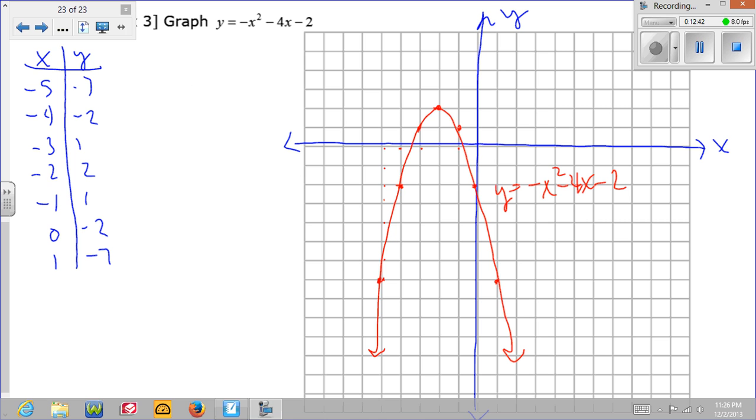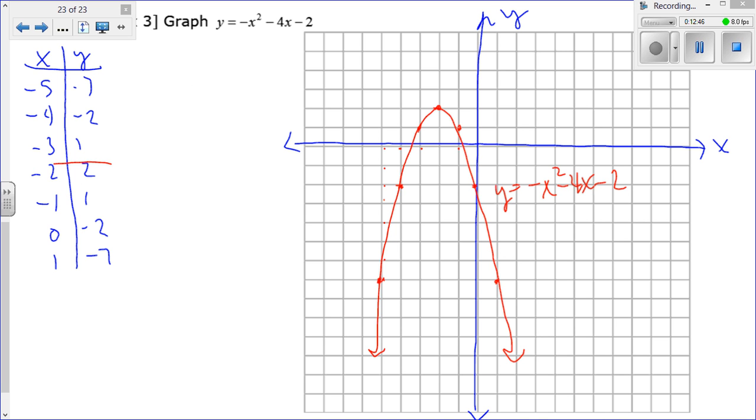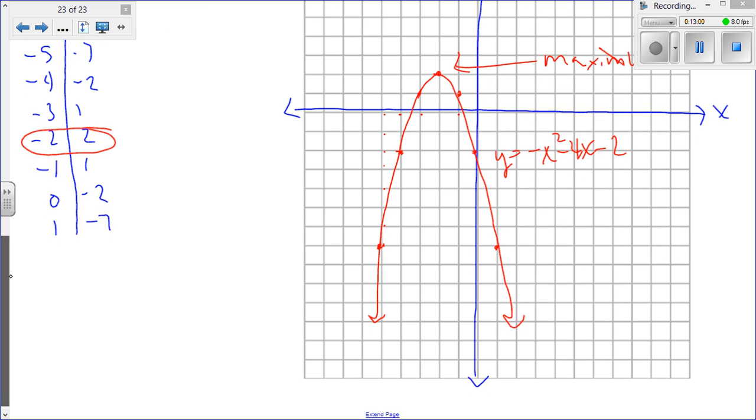Okay, in order to save some time, I just graphed that for you. My vertex, my turning point, is at -2, 2, and this time it's at the maximum point. Make sure you're labeling your graphs.